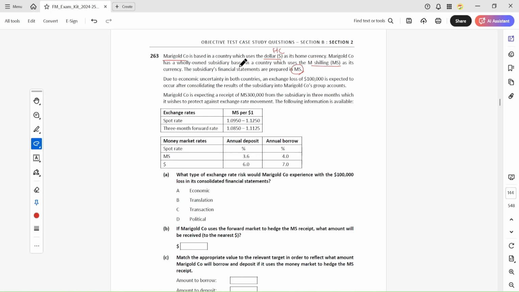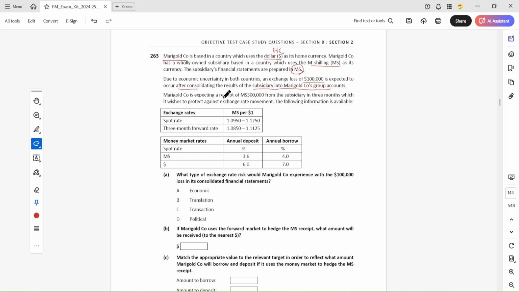Due to economic uncertainty in both countries, an exchange loss of 100,000 is expected to occur after consolidating the results of the subsidiary into the Marigold Group accounts.